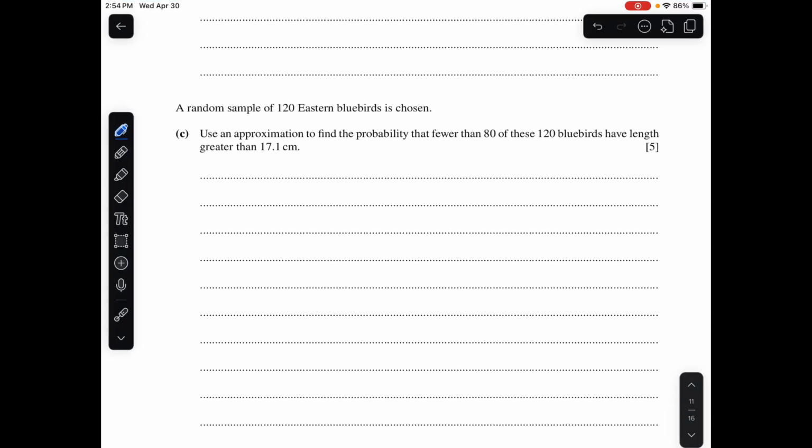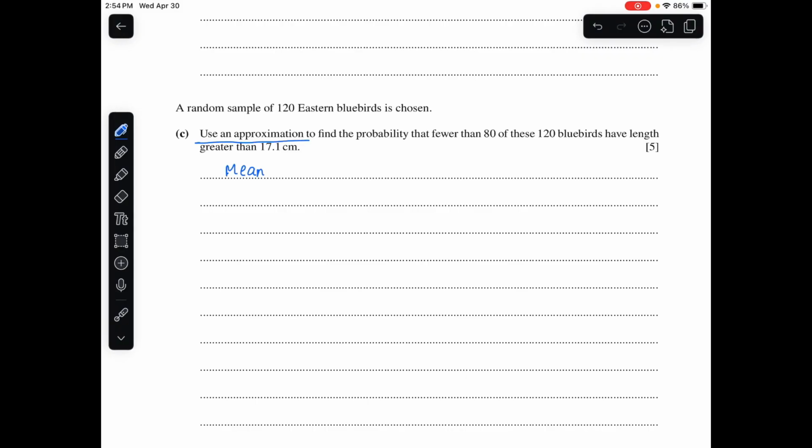Part C. A random sample of 120 eastern birds is now chosen. Use an approximation to find the probability that fewer than 80 of these 120 bluebirds have length greater than 17.1 centimeters. In this case, you need to calculate the mean.